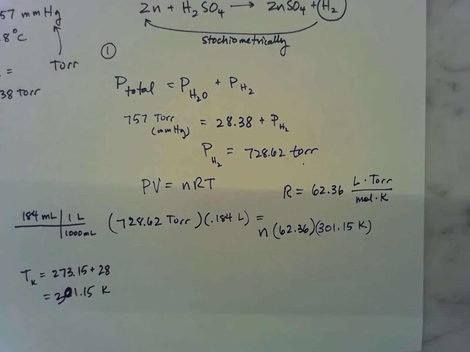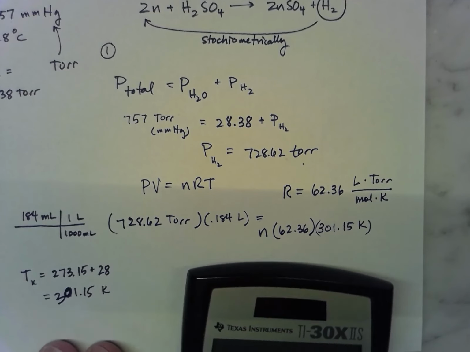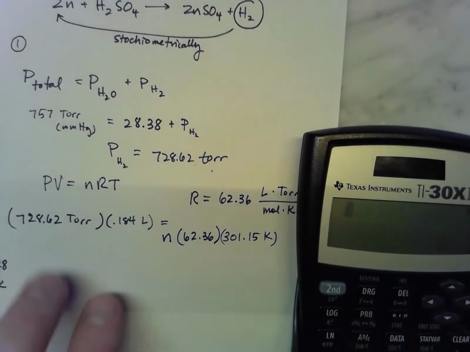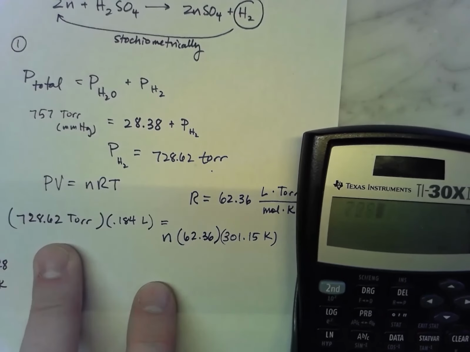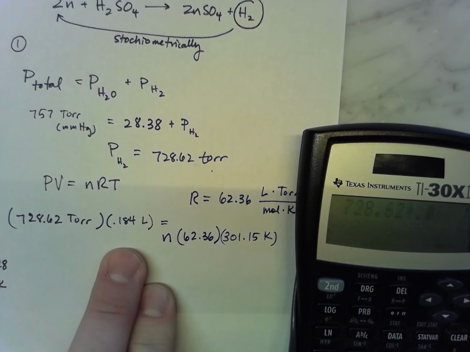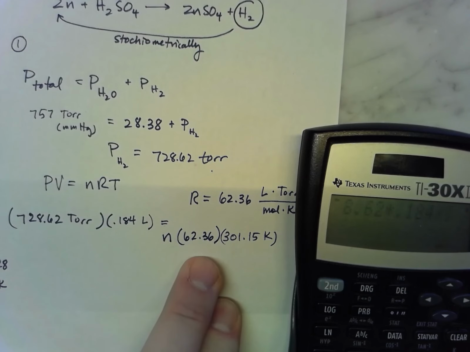All right, and then very quickly we're going to tap that into our calculators here. And we do 728.62 times 0.184 divided by, open parentheses, don't forget to do that, 62.36 times 301.15, close parentheses.